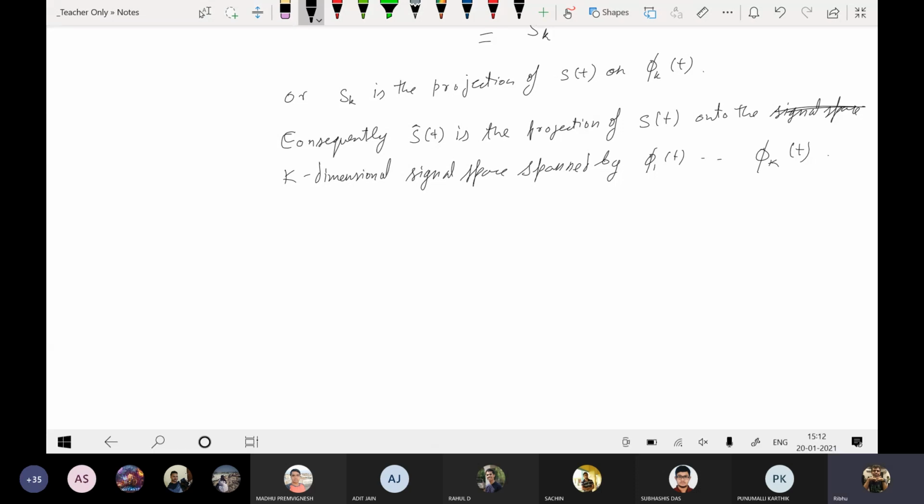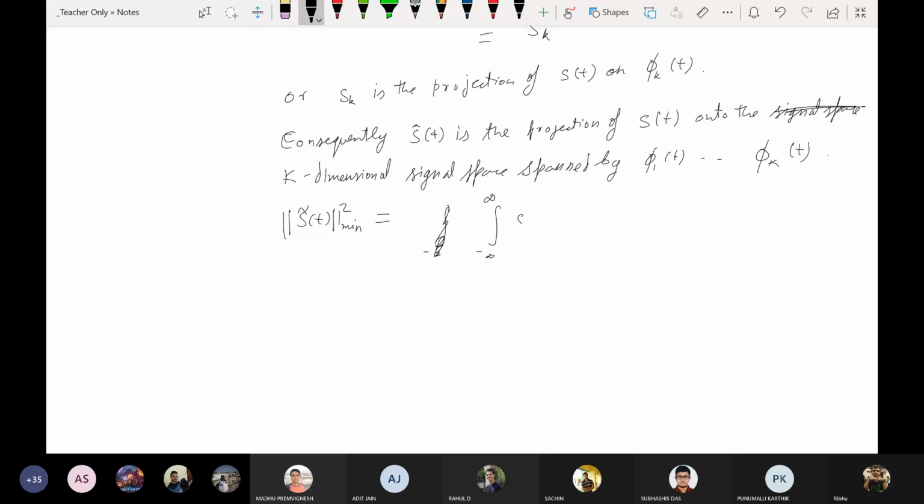And the norm square of s tilde, the minimum, equals, so again from the principle of orthogonality, or from what we have done for filters and matrices, we can use those results directly and say that, right, this makes sense.